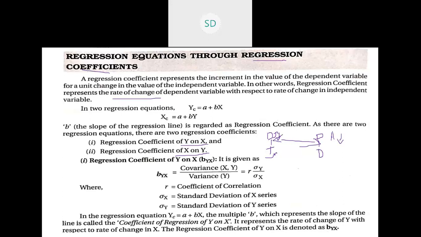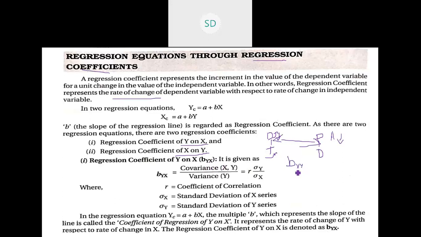Okay, so first let us understand the regression coefficient of y on x. This regression coefficient is denoted by b. If it is y on x, it will be b y x. If it is x on y, it will be b x y, so x will come first. Clear?